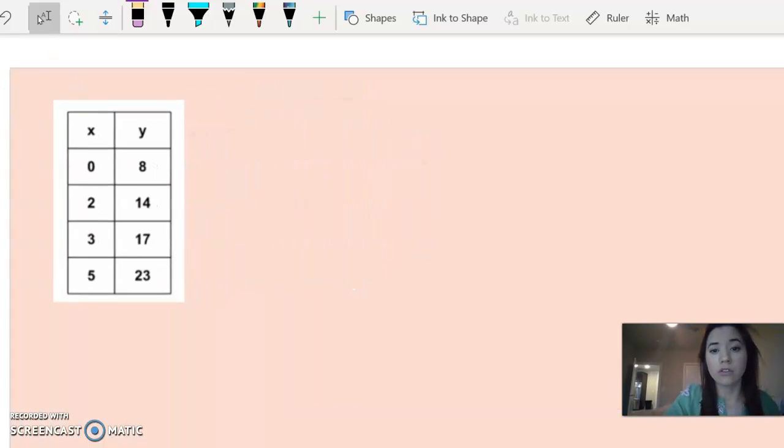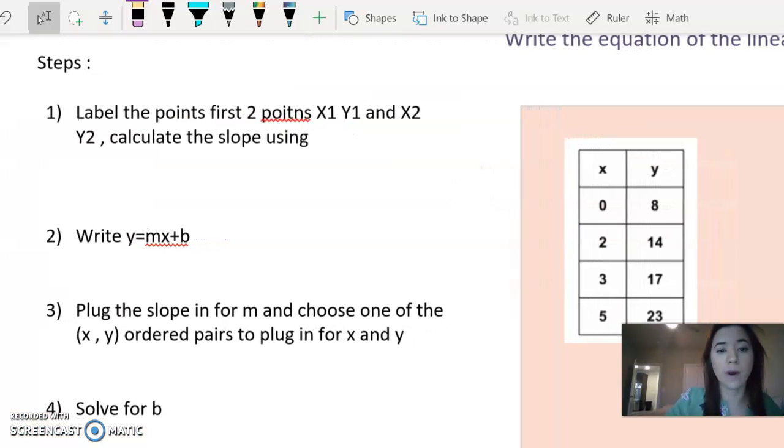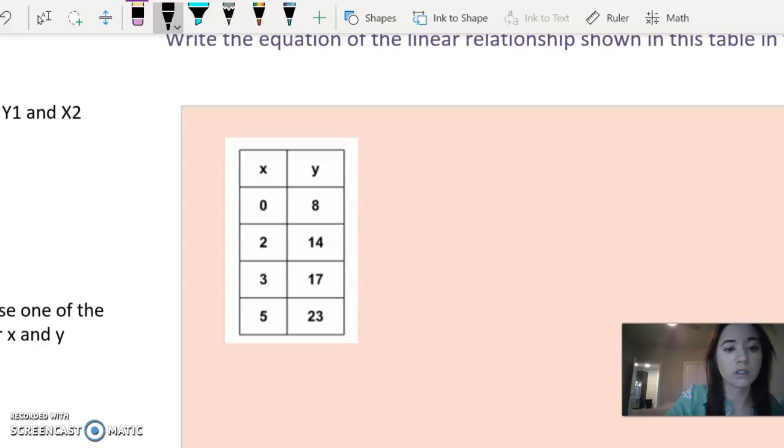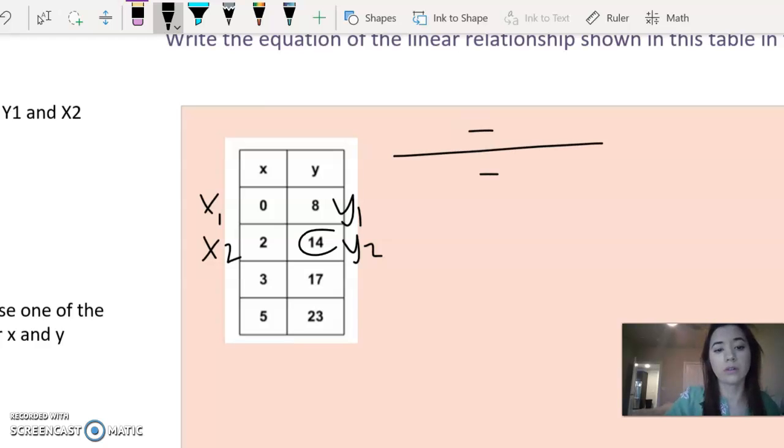So, slope from a table. We're going to label our points x1, y1, x2, y2. And then we're going to find our slope: y2 minus y1 over x2 minus x1.